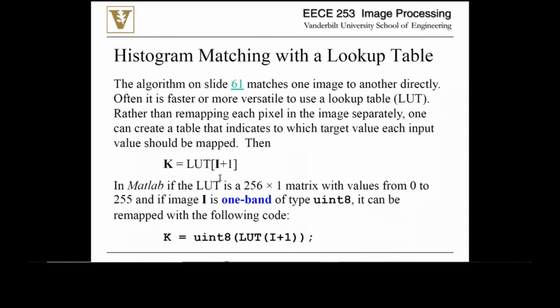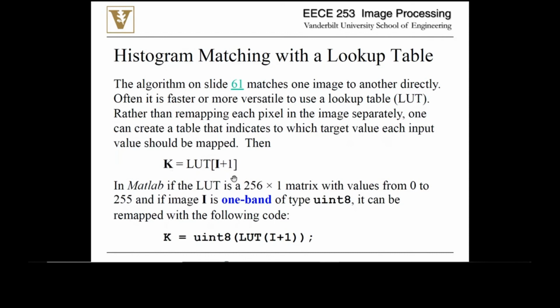And then we simply have to construct an image K such that you take image I, you go through the lookup table, and then that is your new image.